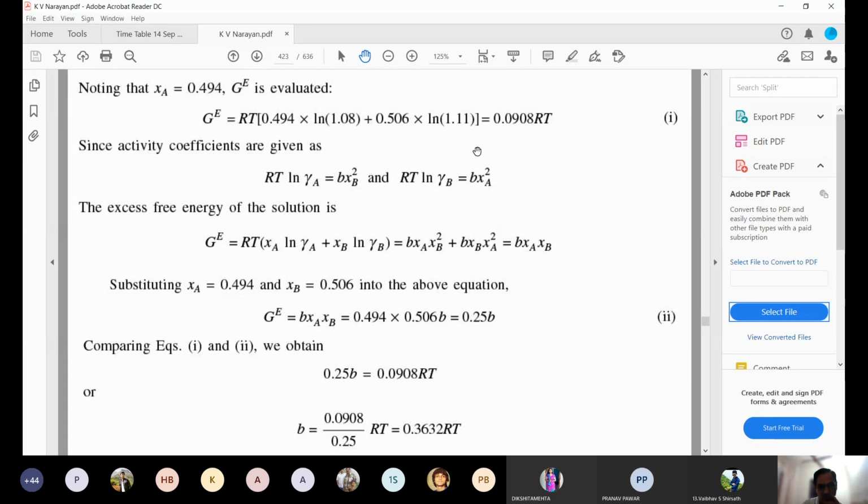We use this additional property to make sure that we get the same value of B, because we have to satisfy these equations also. And this was substituted here, right? Because it is nothing but RT summation XA ln gamma A plus XB ln gamma B. We substituted this, so we get this equation. So now this B is going to satisfy this equation and this equation also, and the addition is going to satisfy this equation.